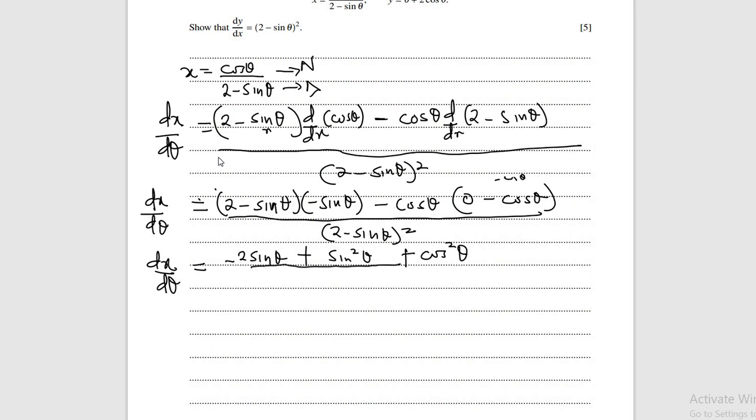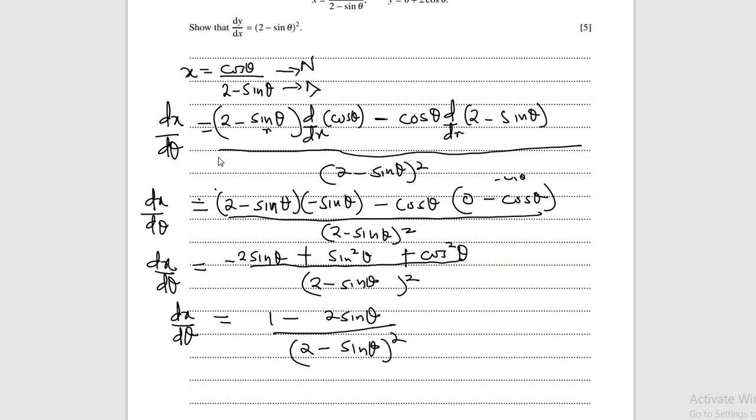All over 2 minus sine theta all squared. I remember that sine squared theta plus cos squared theta is 1. So hence, dx by d theta will be 1 minus 2 sine theta over 2 minus sine theta squared. That's the dx by d theta.